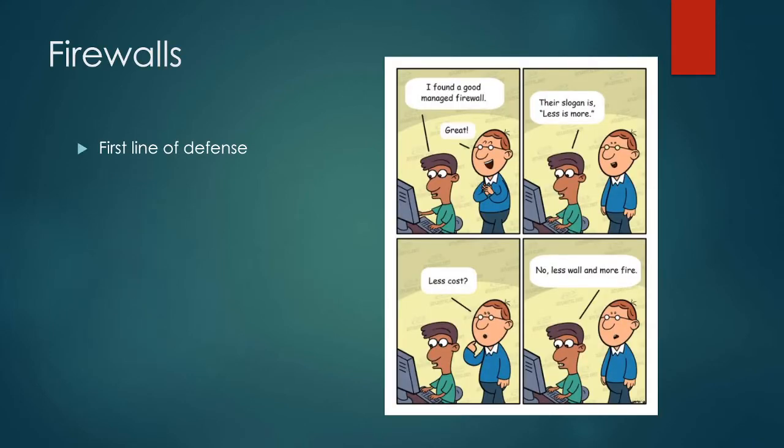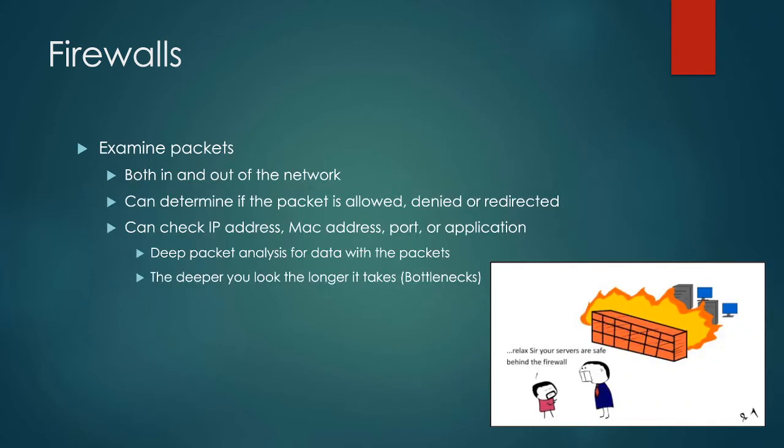Firewalls are what's considered a first line of defense for your computer. A firewall examines the packets that are coming in and out of your network, and basically what you end up doing is figuring out if you want to let the packet in, deny the packet, or send the packet somewhere else. We can do this by looking at, say, IP addresses, always allowing packets from some IP addresses or always forbidding them.